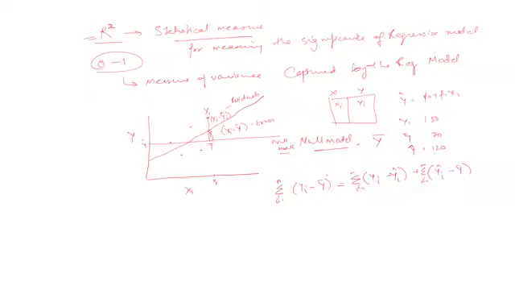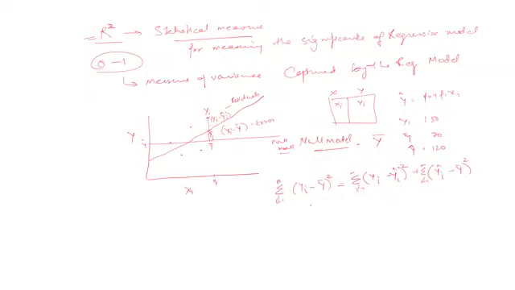So we take the square on all the sides. Otherwise, with plus and minus, the terms will get subtracted and may give you 0. To avoid that, we take the square of all these differences.